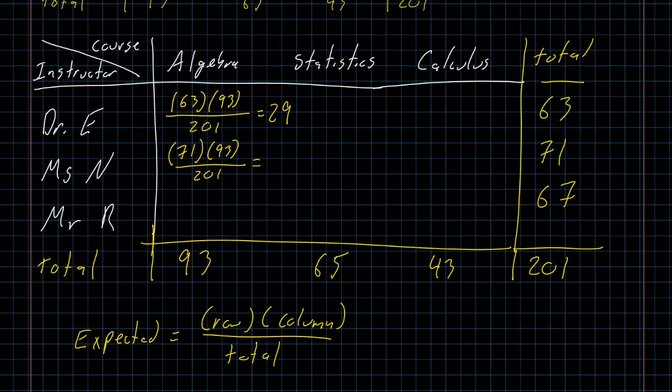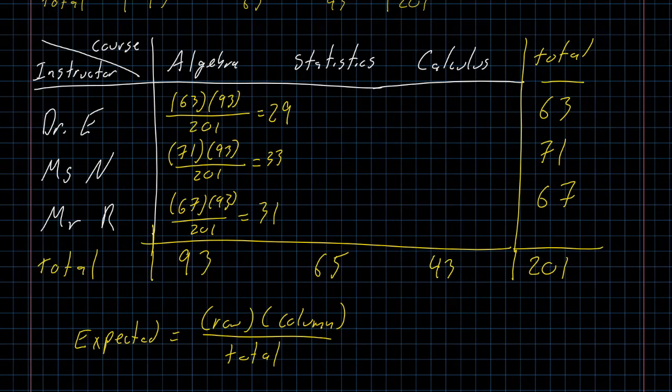And get something on the ballpark of 33 students right here. And then we'll have 67 times 93 divided by 201, which comes out at 31.